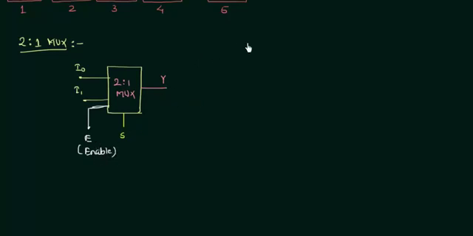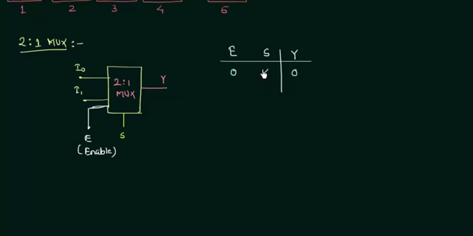Now let's see the truth table for the 2x1 MUX. This is your enable, this is your S, the selector variable, and this is your output Y. When the value of E is equal to 0, this circuit will not work, and when the circuit is not working, the output is equal to 0.